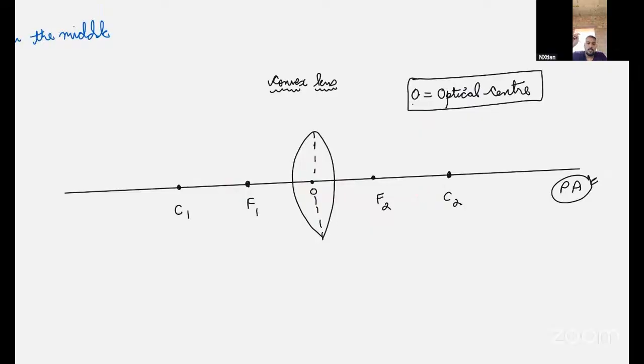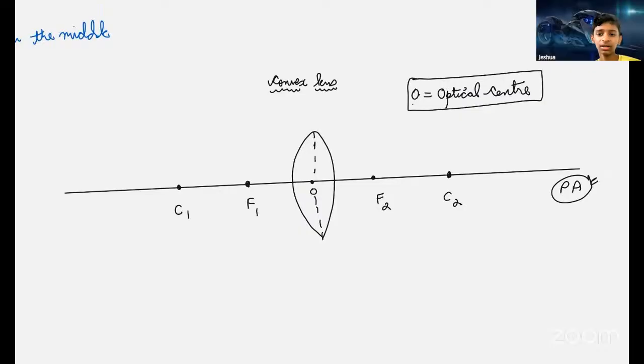Did you understand? Now you ask. So all the focal lengths should be 5, and C1 to F1 should be 5, F2 and C2 5, F2 and O 5. Everything should be 5. If you're taking the value as 4, everything should be 4. Yes, focal length is there. The same thing is there, no difference.